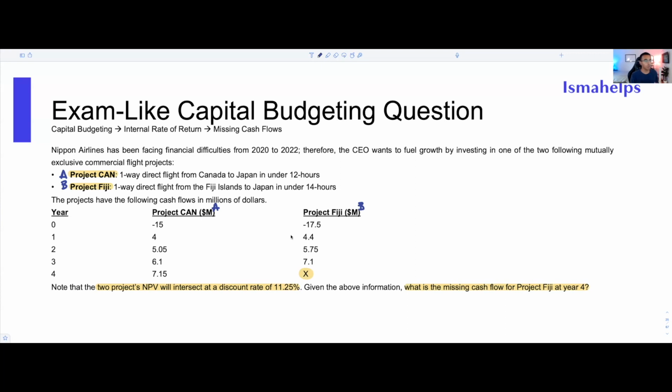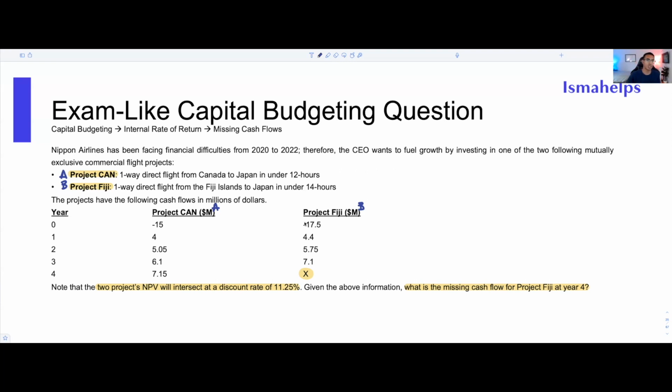Especially if we've seen my past videos on the crossover rate and ranges of NPVs for the internal rate of return chapter, we understand that the intersection of two NPVs, in other words, the crossover rate, is essentially the IRR of the incremental cash flows between Project B and Project A. In other words, it's the IRR of the difference between Project B and Project A for its entire lifetime.